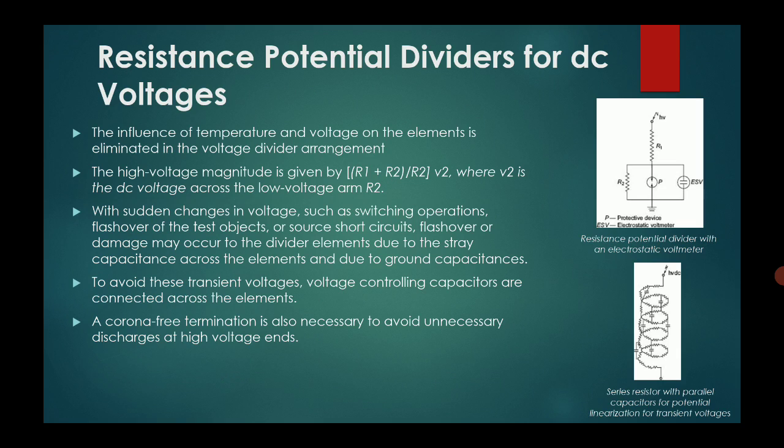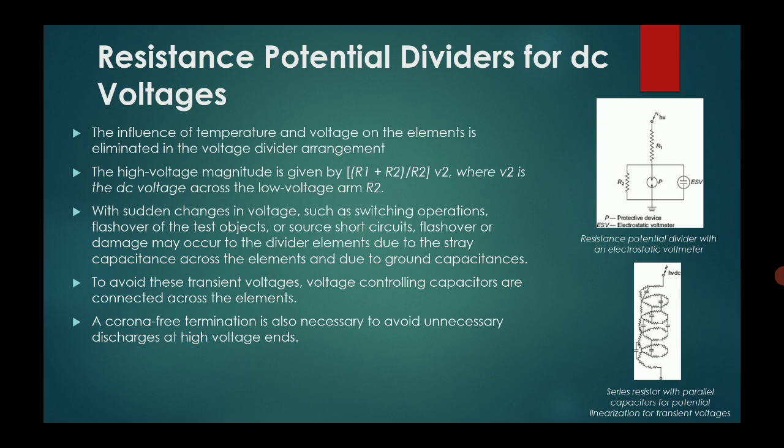Okay, so we are splitting the voltages using the two different resistances R1 and R2. With sudden changes in voltage, such as switching operations, flashover of the test object, or source short circuits, flashover or damage may occur to the divider elements due to the stray capacitances across the elements and due to ground capacitances. So sudden voltage change is not desirable here.